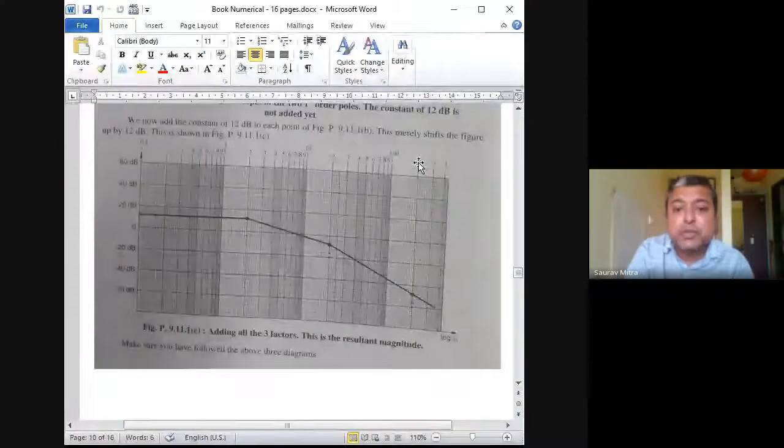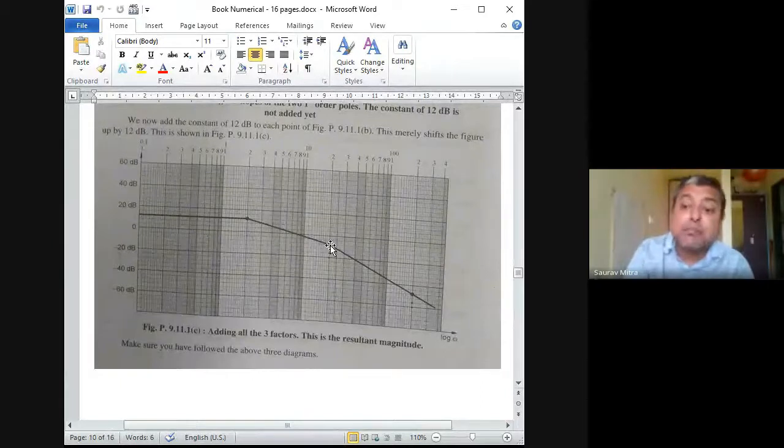So 20 goes up a decade to 200, and for minus 8 we subtract 40, because the slope should be 40 dB less than whatever was here. The point was 20 comma minus 8, so the next point will be 200 comma minus 48. You can find here this line is 40 below, plus 8 dB.